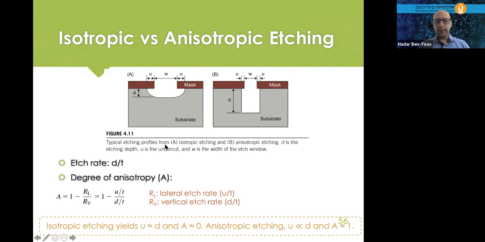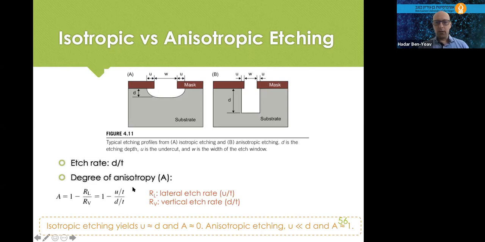Meaning that if we have a similar etching rate, this one equal to this one, so it's 1 over 1, 1 minus 1 is 0, so we have A equals 0, so we don't have any anisotropy. We have basically isotropic etching because the rate is similar towards lateral and vertical.